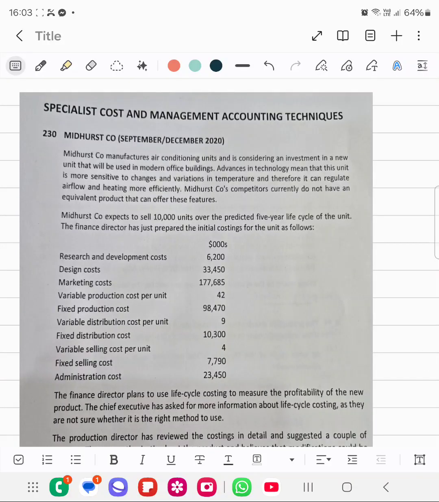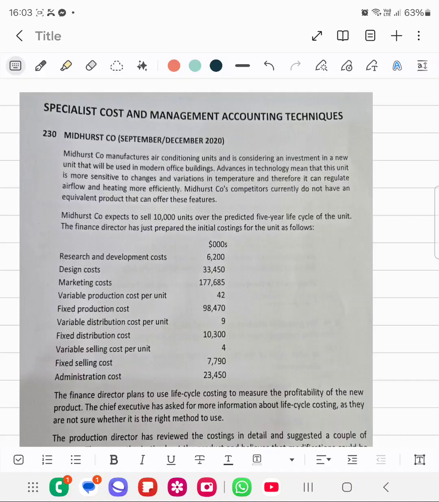Midhurst company manufactures air conditioning units, and is considering an investment in a new unit that will be used in modern office buildings. Advances in technology mean that this unit is more sensitive to variation in temperature, and therefore it can regulate airflow and heating more efficiently.